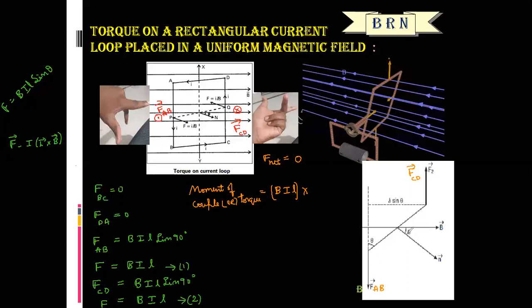Okay. So let us consider this one as n cap. N cap is the unit vector, which indicates the direction of the magnetic dipole moment, the direction of the normal. This is angle theta, the angle made by the direction of the normal and the direction of the magnetic field.